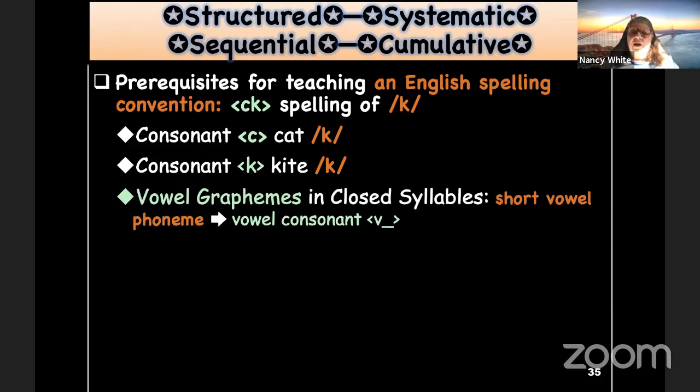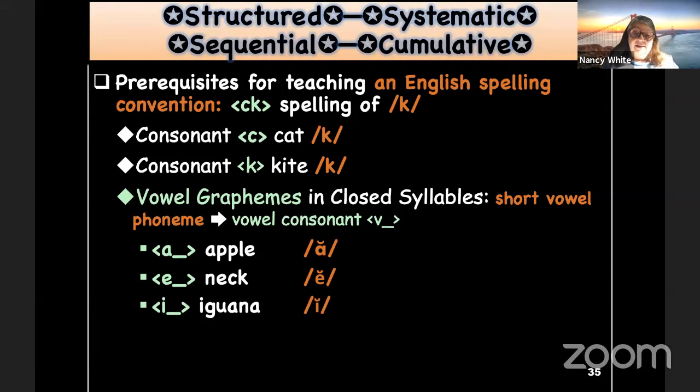They would need to know the vowel graphemes in closed syllables, or those vowel graphemes that spell the short vowel phoneme, which is vowel-consonant. The vowel is not going to have a short sound if it isn't followed by a consonant. So here they are: A consonant, apple, /a/; E consonant, neck, /e/. You could practice that.